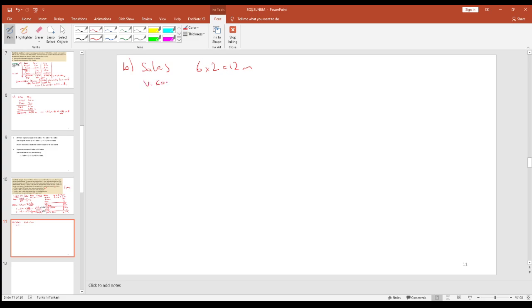Variable cost will be 6 times 1.2, 7.2 million.